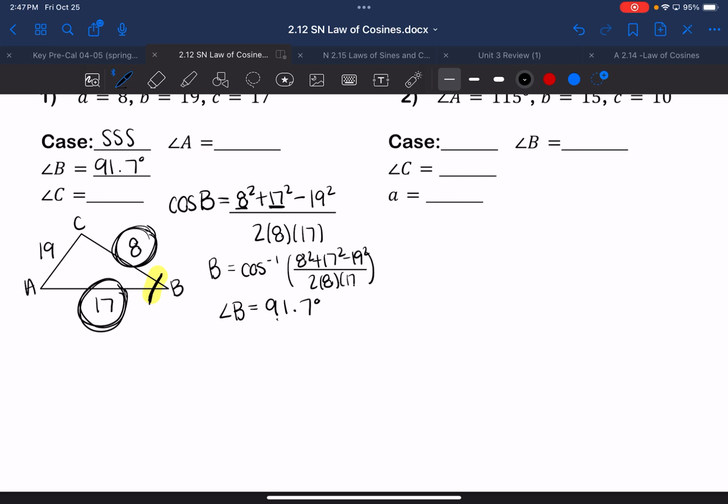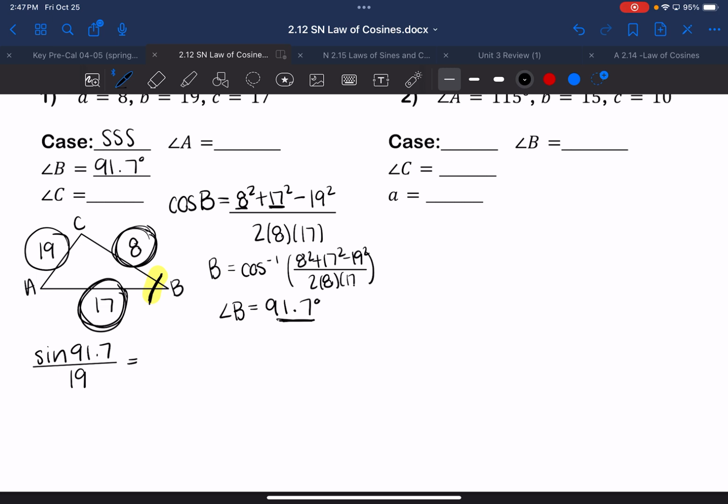So now I have a matching angle and side, right? We've got 91.7. So I'm going to set it up as sine of my angle, 91.7, over my side, 19. And then I can set that equal to whichever one I want to find next.